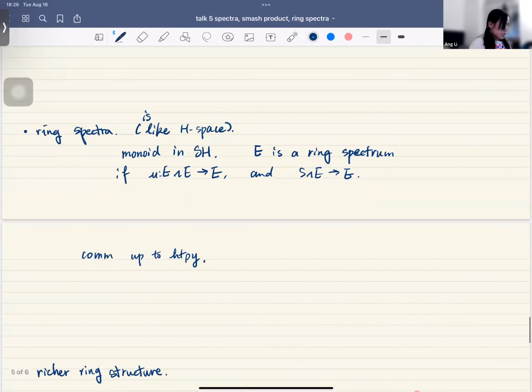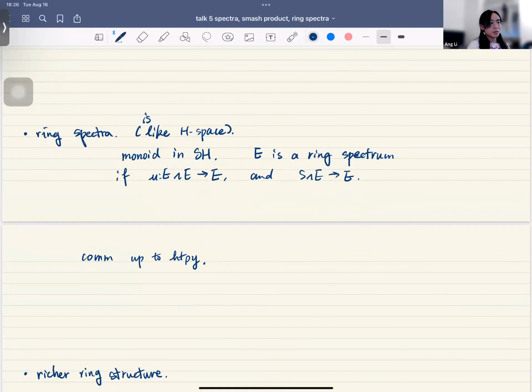Okay, but often, that's a little bit boring because you only have the squares and triangles commuting up to homotopy.